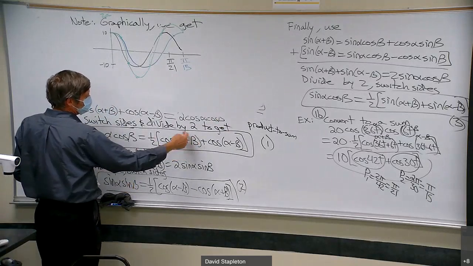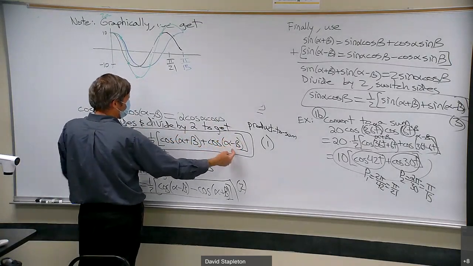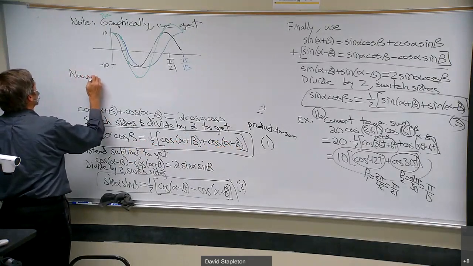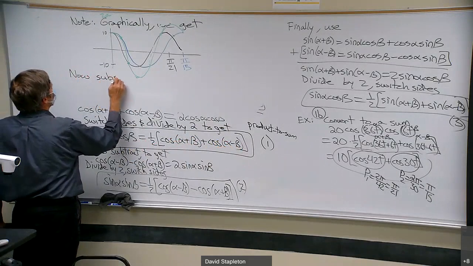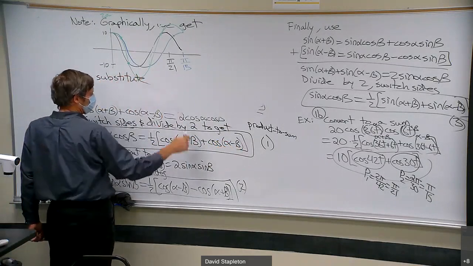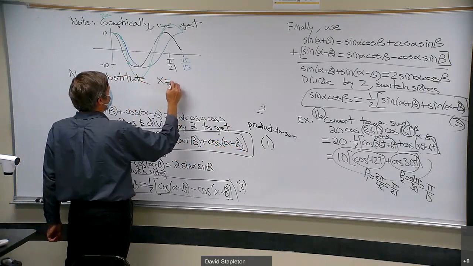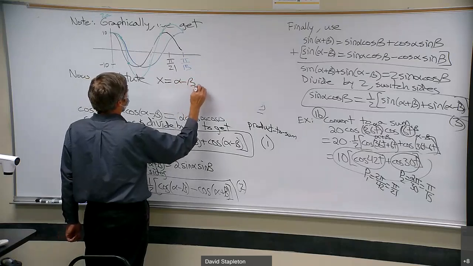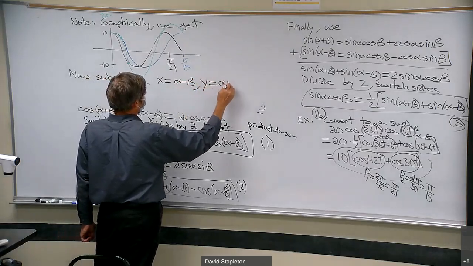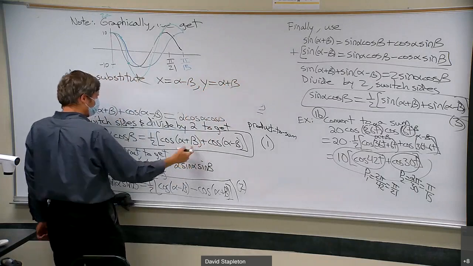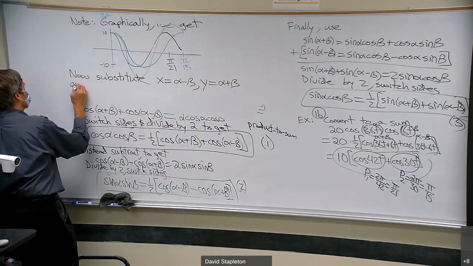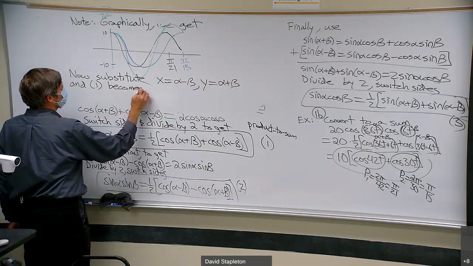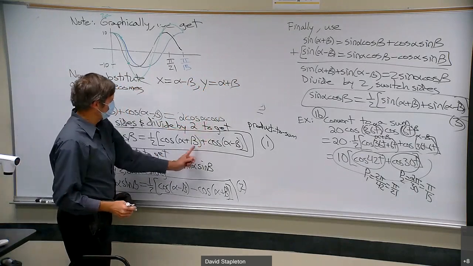Here's how you do it. You just let x be alpha plus beta and y be alpha minus beta. You can rewrite the sum back in terms of x and y over here. Now substitute. Actually, let's do alpha minus beta equals x and alpha plus beta be y. If we're going to substitute, really, we need to replace alpha and beta independently here too on this side.